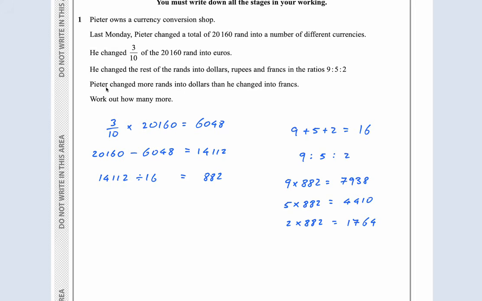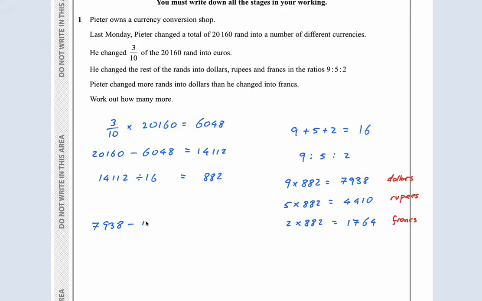He says, Peter changed more rands into dollars than he changed into francs. Yes, he did, because this is dollars, rupees, and francs. And he says he changed more dollars than francs. Yes, he did. He changed 7938.